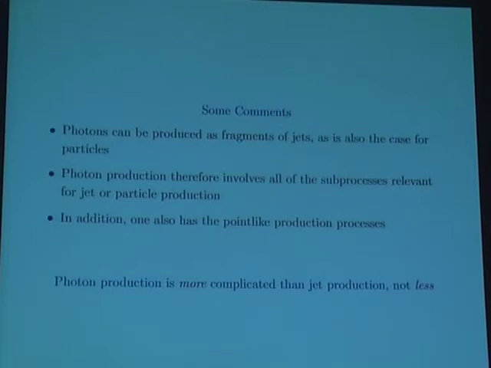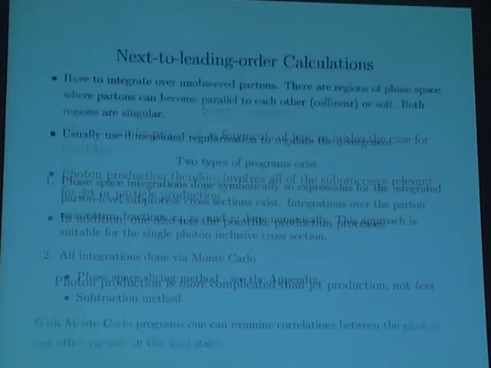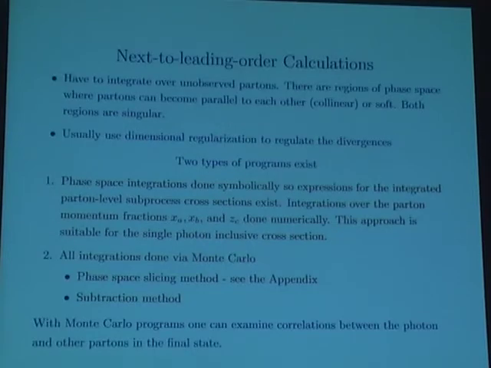So the original thought that somehow studying photon production was going to be a simple test of QCD, that in proton scattering the Compton process would dominate and it would be very straightforward, turns out not to be true. Turns out that anytime you have photons, you're going to have all of the same subprocesses that you would with hadrons, and then you'll have a few extras. So photons turn out to be more complicated, not less.